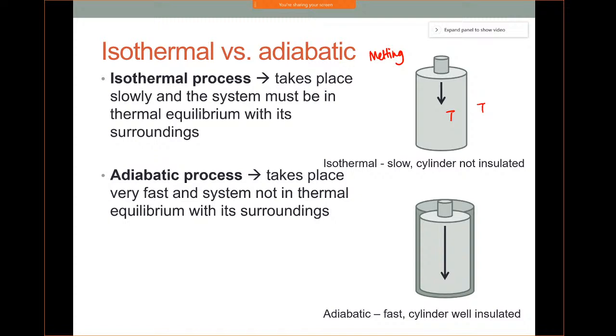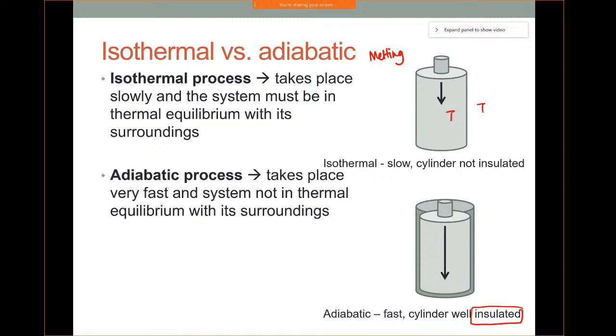As for the adiabatic process, it happens very fast and there is no heat exchange. However, there is a change in the temperature. Usually this happens when it is well insulated.